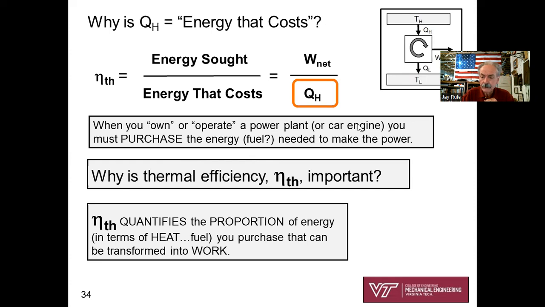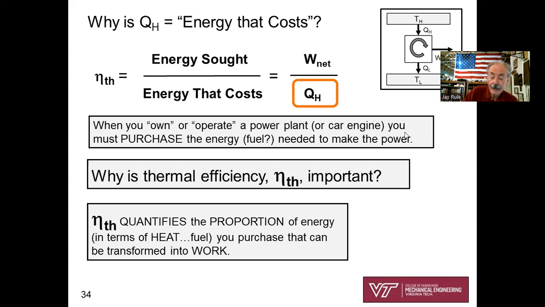Those are all systems operating in a cycle. You've got to purchase that energy in terms of fuel to make the power. The energy that you purchase is not the power, is it? It's used for combustion to maintain the temperature of a high temperature heat source.